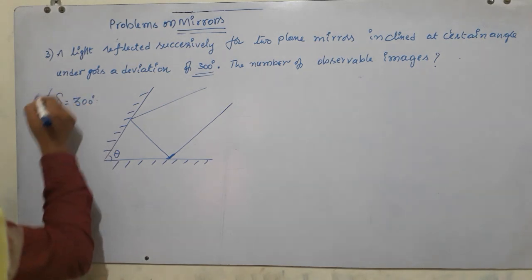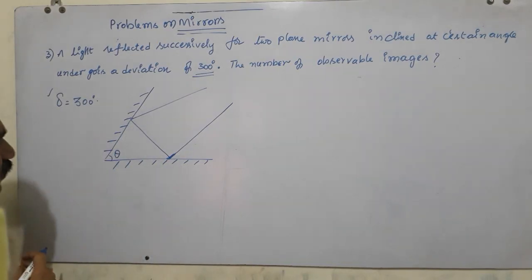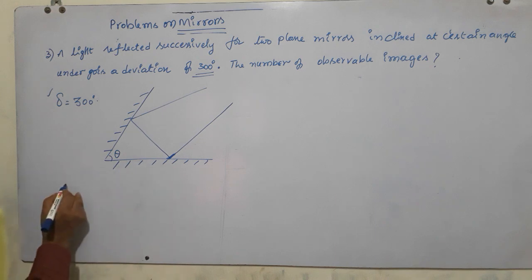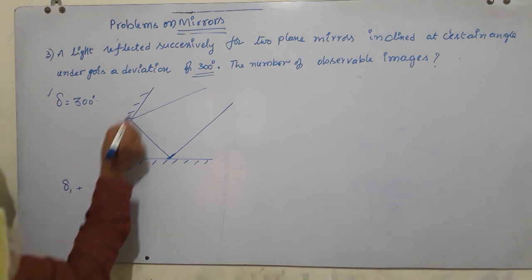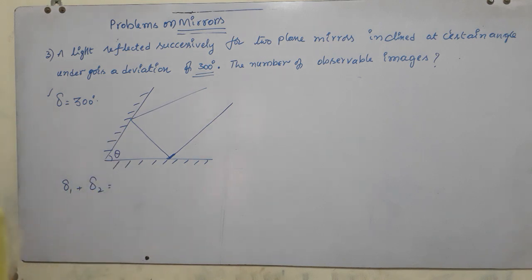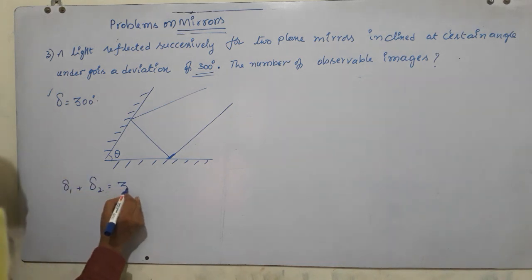See here, this deviation is from two mirrors. The first mirror has deviated the ray through an angle, say delta 1, and the second mirror is also deviating it through an angle delta 2, so that delta 1 plus delta 2 is equal to 300 degrees.